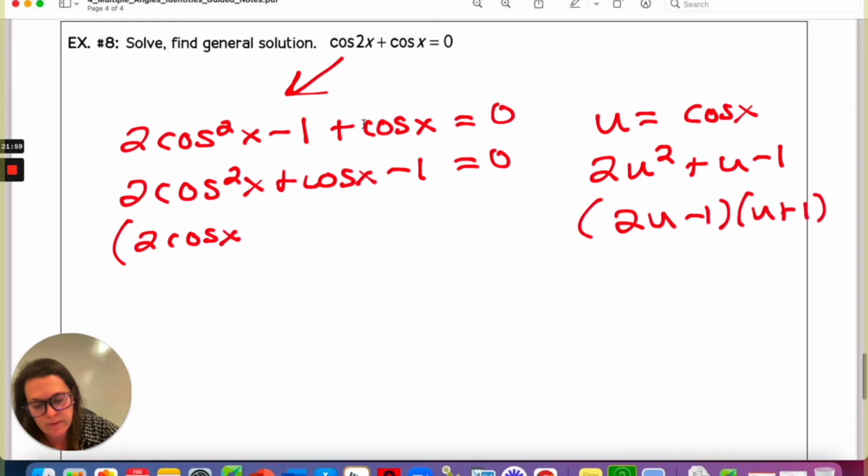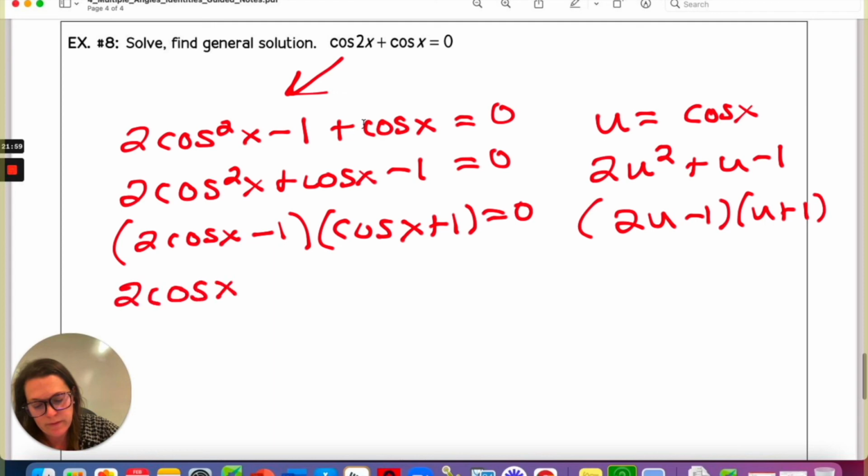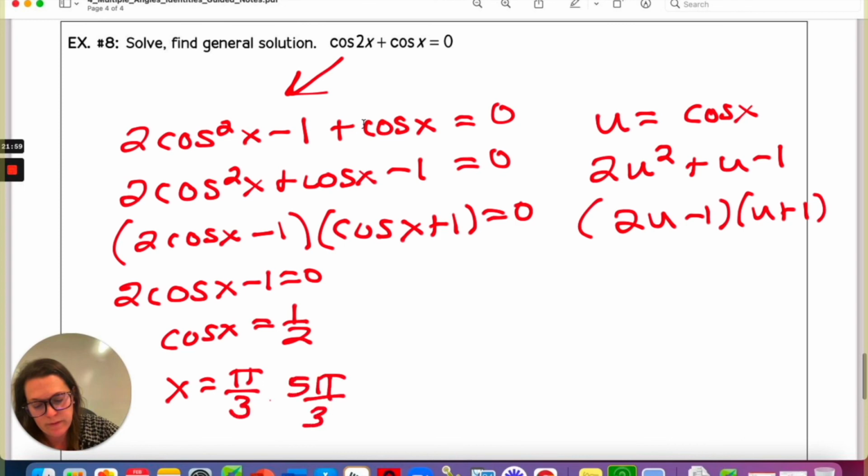So 2 cosine x minus 1 times cosine x plus 1 is equal to 0. Using your zero product property, 2 cosine x minus 1 has to equal 0, so cosine x has to equal 1/2. When does cosine x equal 1/2? At pi over 3 and 5 pi over 3. And then over here, cosine x needs to equal -1. When does that happen? It happens at pi.